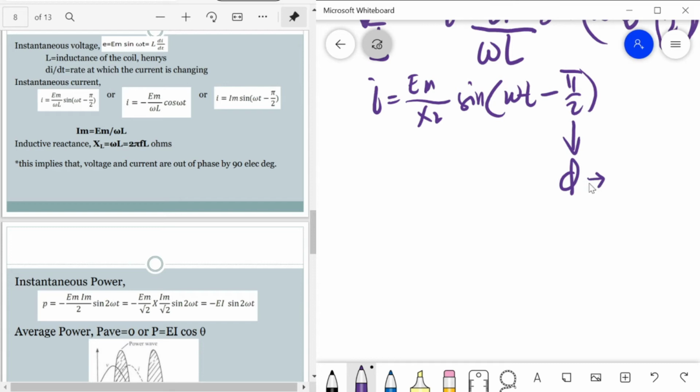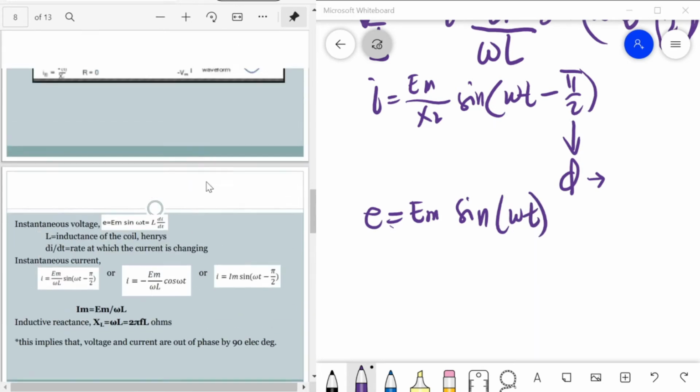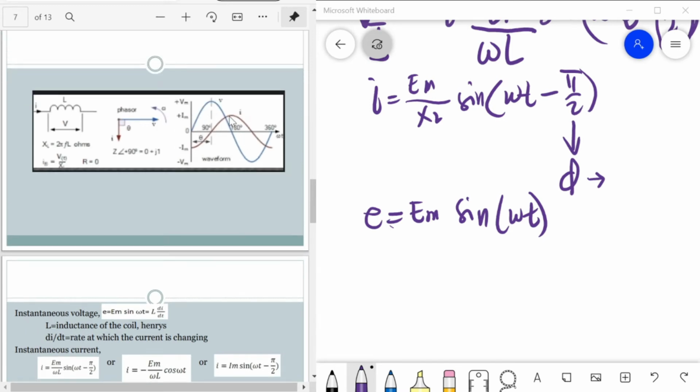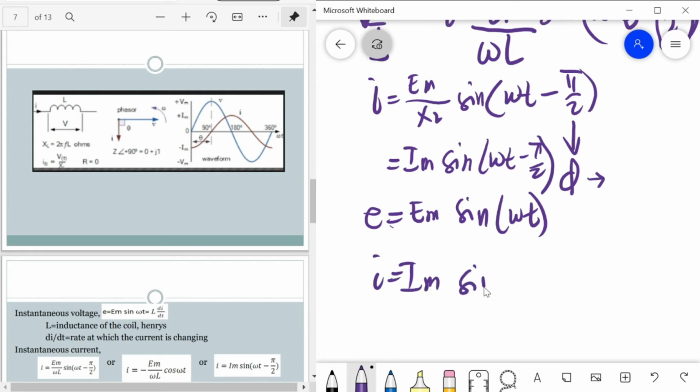difference in our case number 2. So, our voltage is equal to EM sine omega t because it started at our reference. The equation of this current is I is equal to Im sine omega t minus pi over 2, or I is equal to Im sine omega t minus 90 degrees.